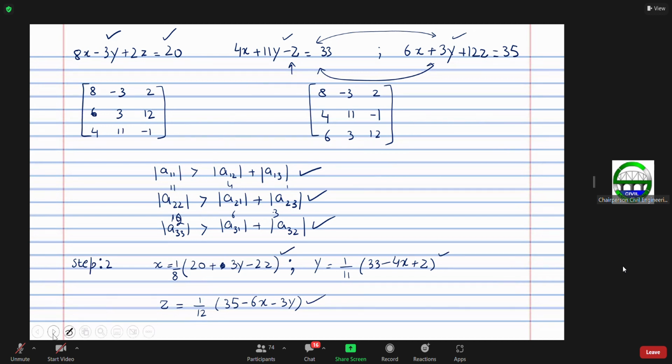In step number 3, you are going to put the values of x, y, and z equal to 0.